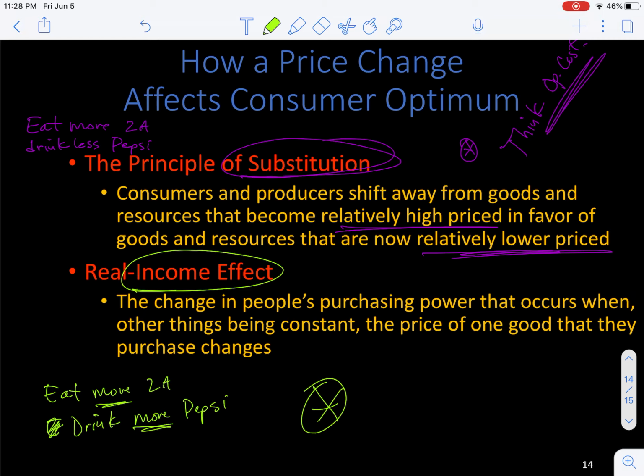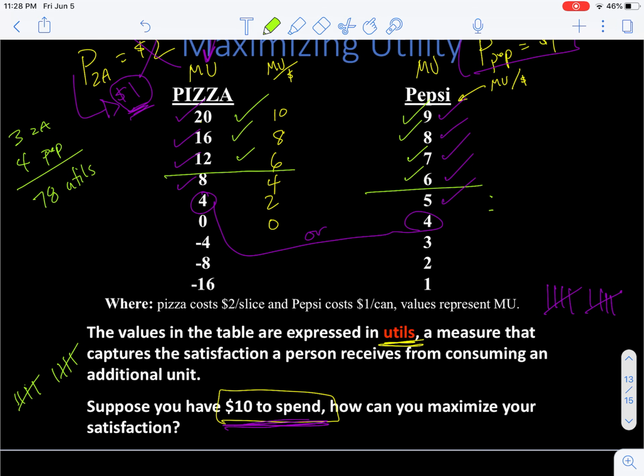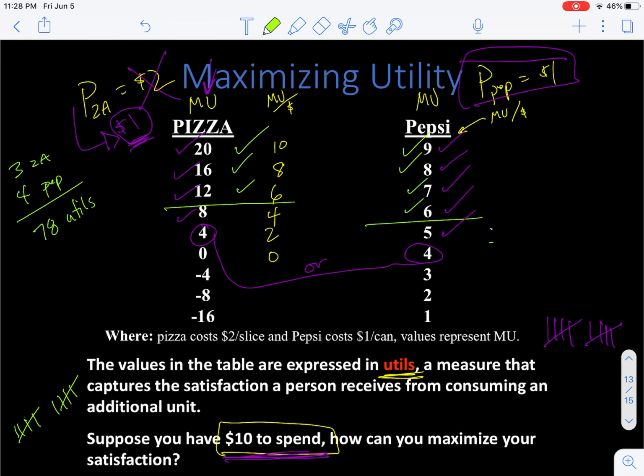That's also a possibility. All we know is that in our example, the income effect was greater because, in fact, we did have more Pepsi. So there you go. Just be familiar with these two general concepts, the substitution effect and the income effect. And then I just tried to use the example we had worked here as a way to see those at play.